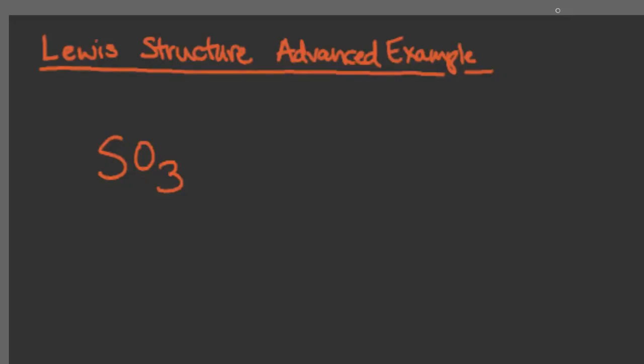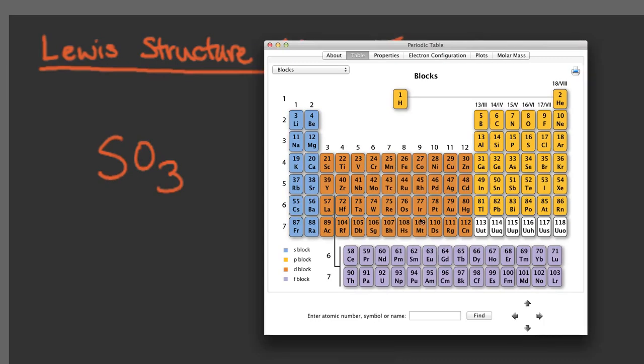Today we're going to be looking at drawing the Lewis structure of the sulfur trioxide, or sulfur trioxide if you're practicing your naming rules. These are two nonmetals, so use the prefixes. In drawing the Lewis structure, these are both in column 6 on the periodic table, oxygen and sulfur.